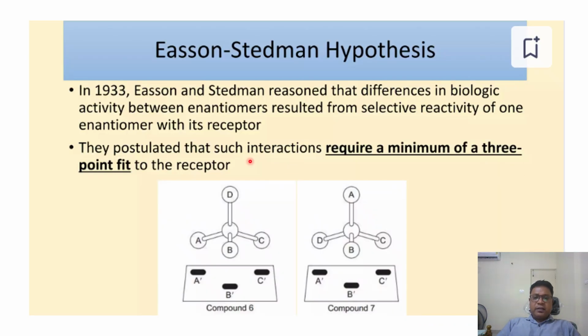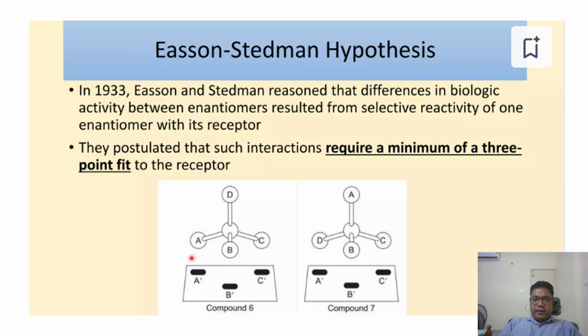So why does one enantiomer show better activity while another shows inactivity or side effects? In 1933, Easson and Stedman reasoned that differences in biological activity between enantiomers result from selective reactivity of one enantiomer with its receptor. They postulated that such an interaction requires a minimum three-point fit to the receptor.